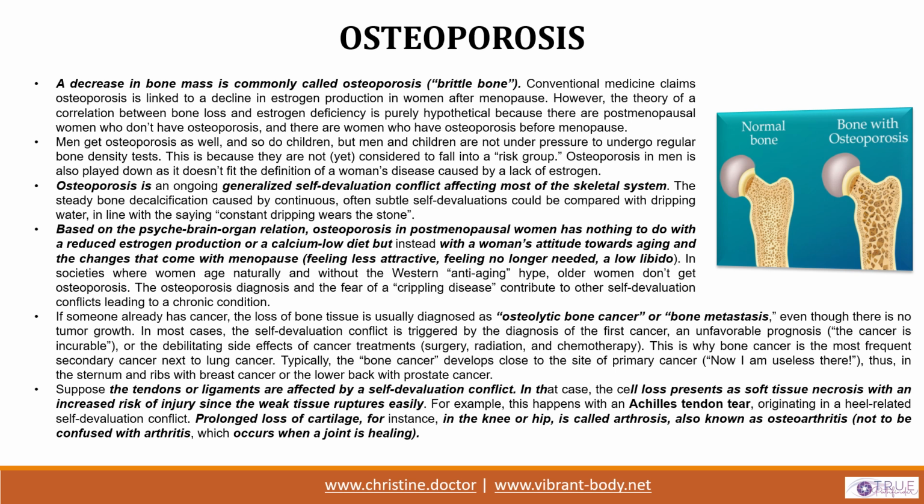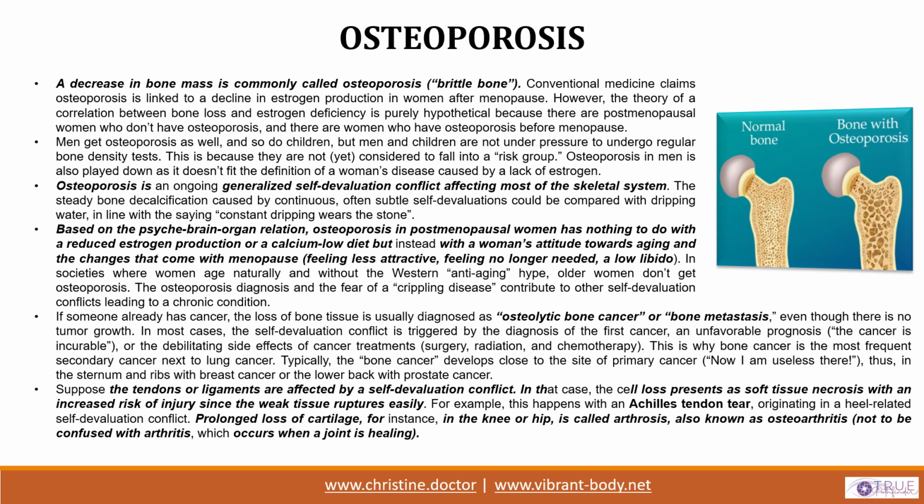Suppose the tendons or ligaments are affected by a self-devaluation conflict. Well, in that case, the cell loss presents itself as soft tissue necrosis with an increased risk of injury since the weak tissue ruptures easily. For example, this can happen with an Achilles tendon tear originating in a heel-related self-devaluation conflict.